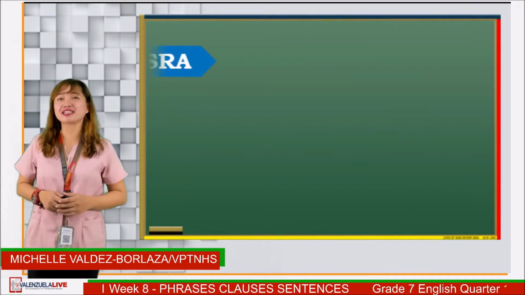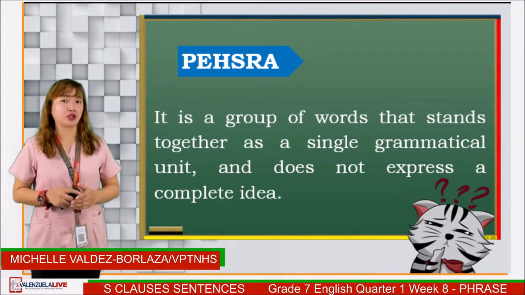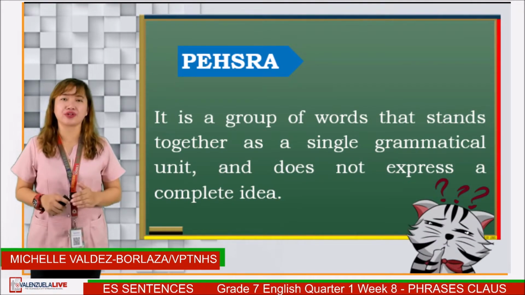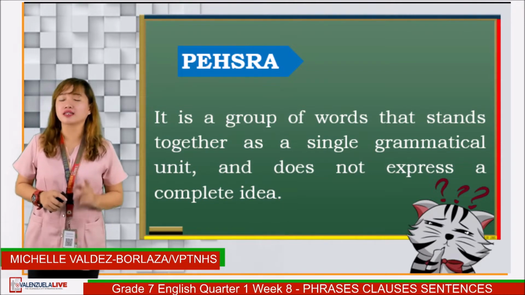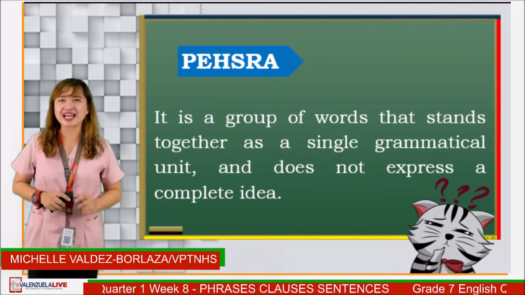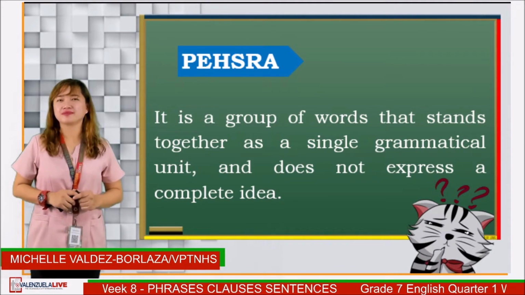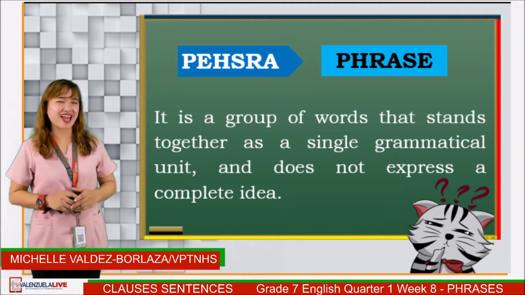Let's now have the second one. It is a group of words that stands together as a single grammatical unit but does not express a complete idea. Key in your answer, learners. It is a phrase.